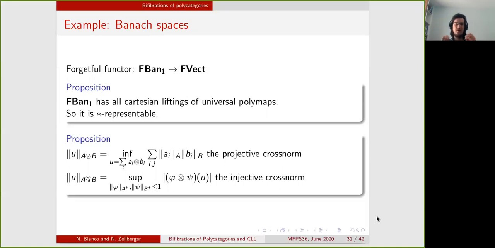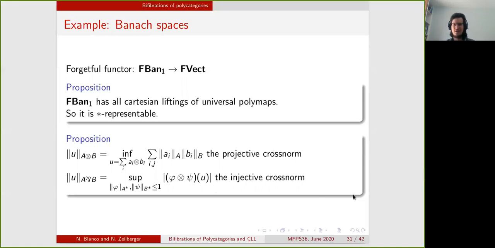And the other way around, the par will be defined as a pullback along the co-binary map that goes from A tensor B into AB. It's explained in more detail in the paper, but if you look at what pullbacks and pushforwards are in this category relative to this functor, when they exist, this gives you that the tensor product is the projective cross norm and the par is the injective cross norm.